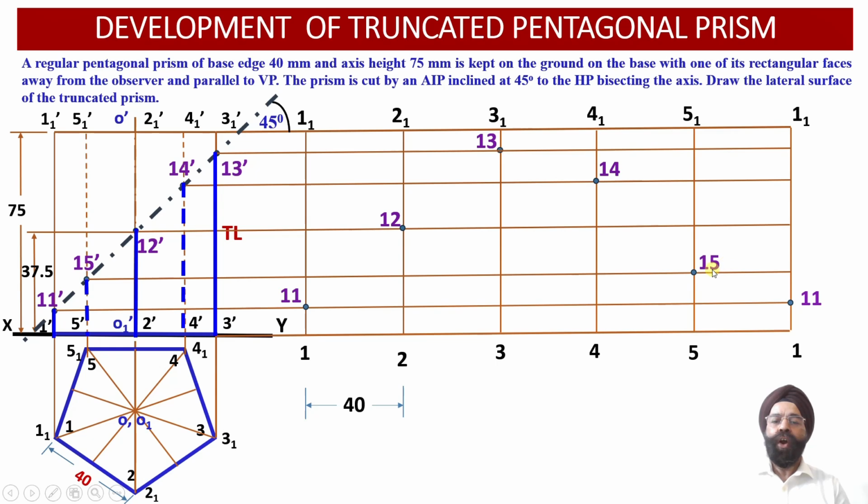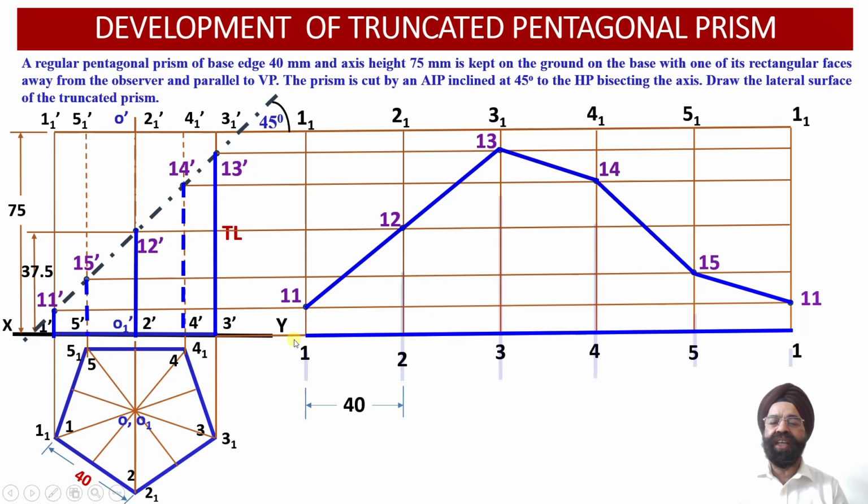So this way, all the 5 points of intersection of the AIP with the various vertical edges of the pentagonal prism have been located in the development projection view over here. Now we need to join the different points of intersection alongside the remainder portions of the vertical edges which are left behind after the intersection of this pentagonal prism by this AIP.